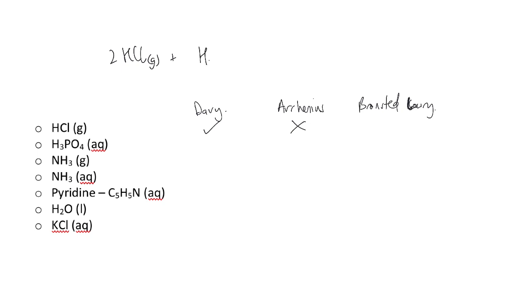So I could even do this with water. It's going to donate that hydrogen to water. That's not going to be gaseous, it's going to be aqueous, and it's going to form Cl minus ions, and I don't need that 2 as a coefficient. And I think that's it.